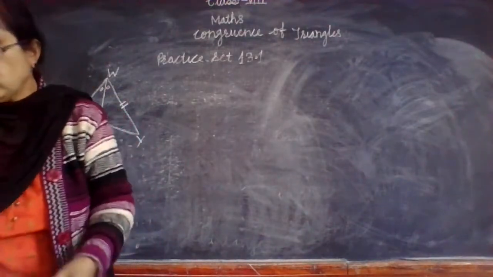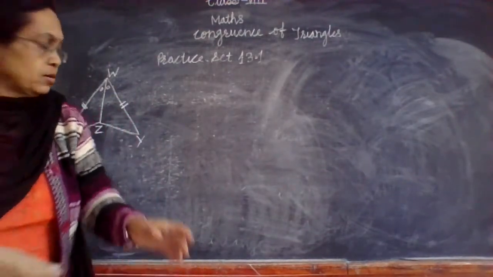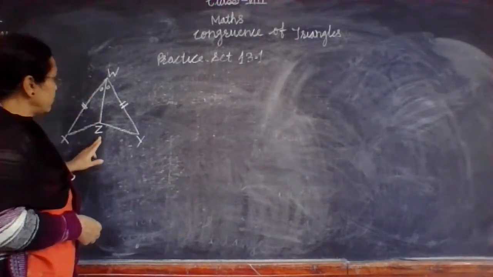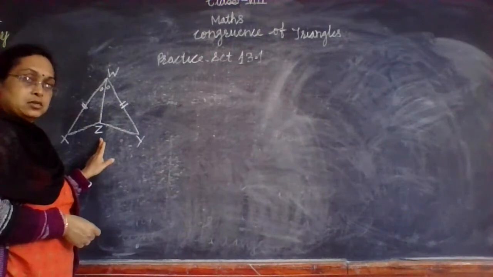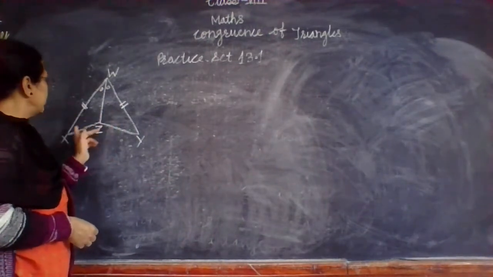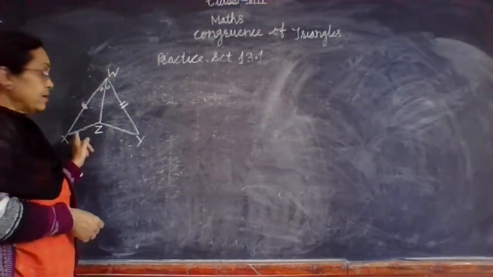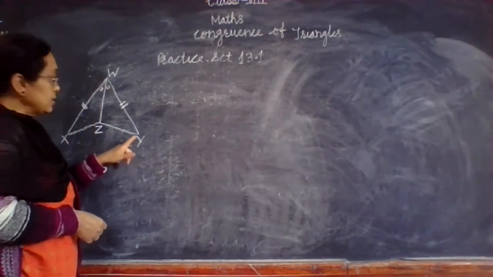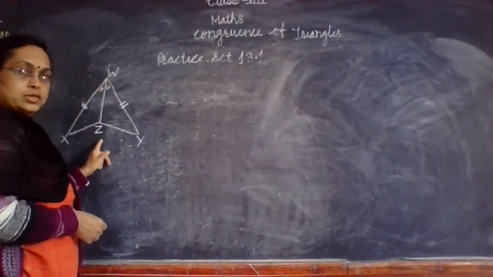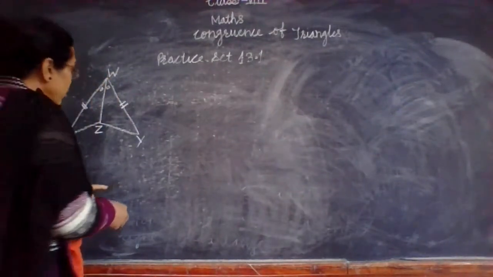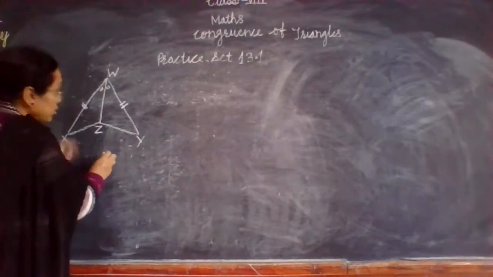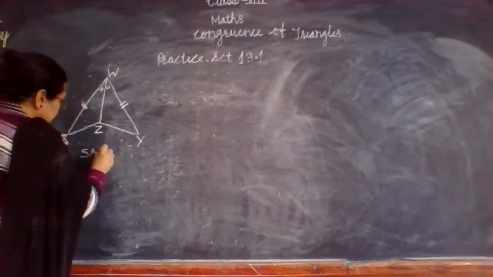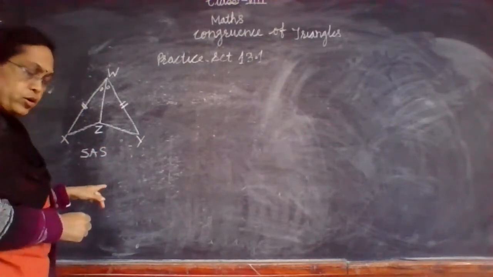So we will write down side, angle, and this side WZ is common to both the triangles. So we have to see the triangle XWZ and the second one is YWZ. So here in the answer we have to write the test: side angle side. By this test this is congruent.